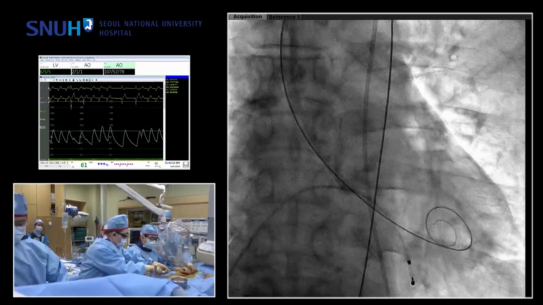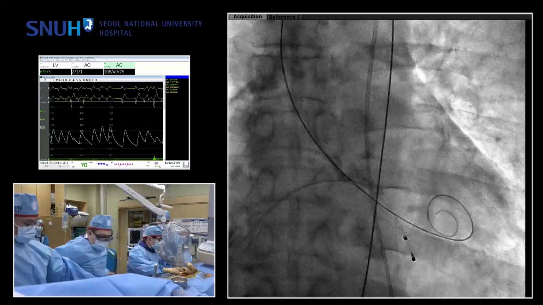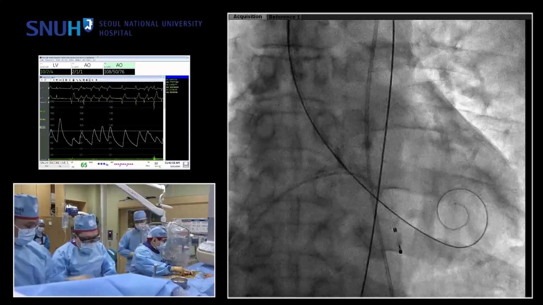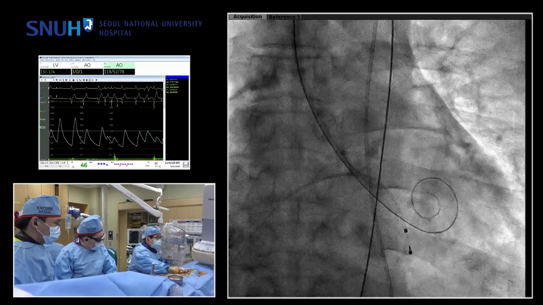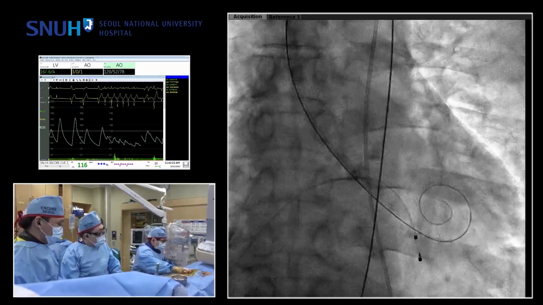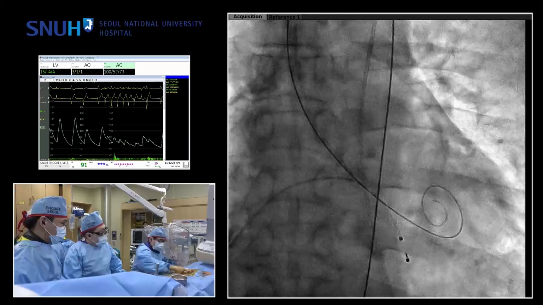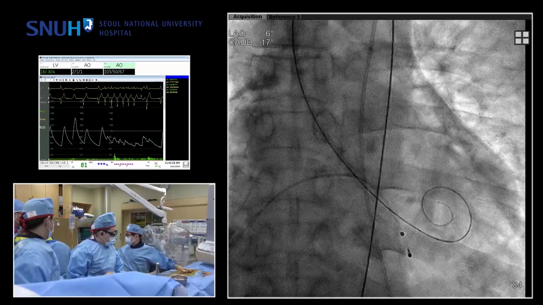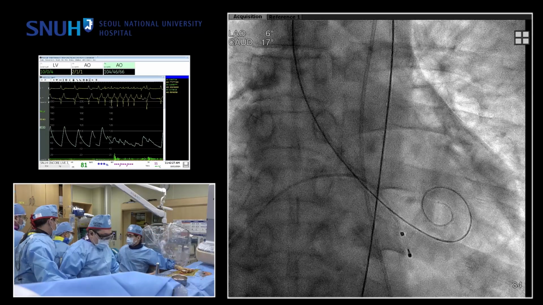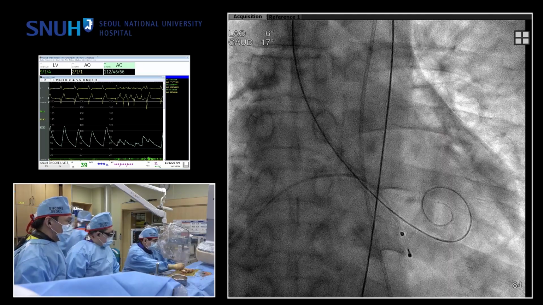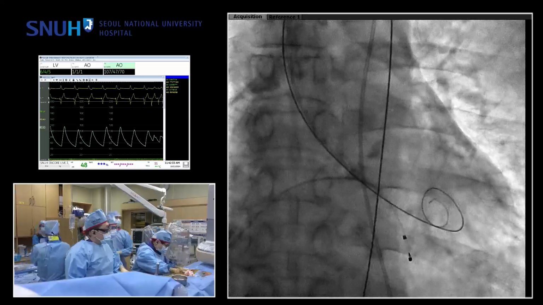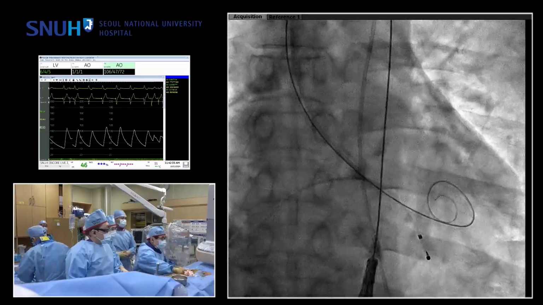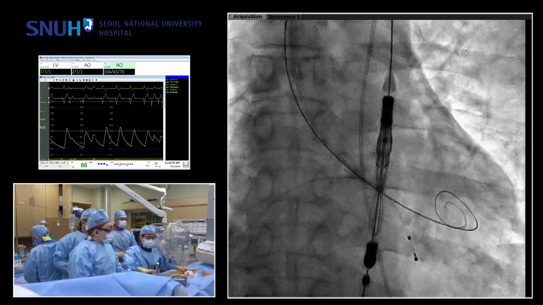Maybe. I always compare the data from four companies, and I follow the majority. That is a good way to select, but the Boston is the smallest compared to the other three companies. It is really minor. It seems that after balloon dilatation, conduction disturbance develop.